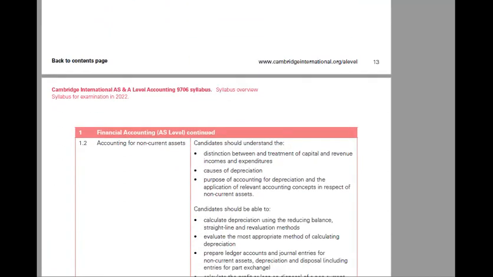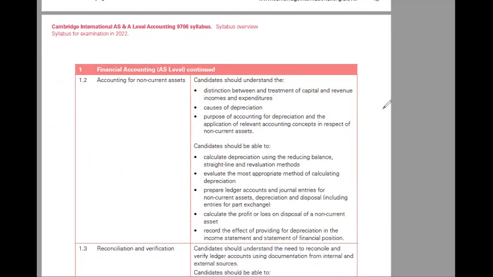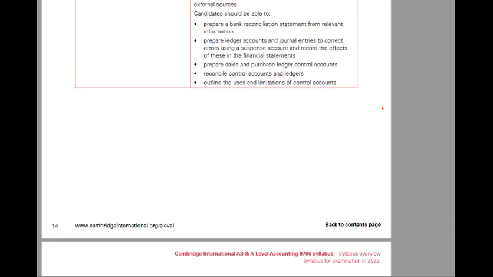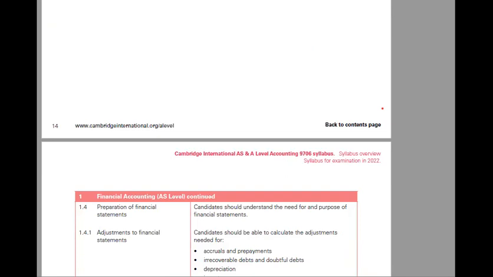Then accounting for non-current assets, we will look at how capital and revenue expenditures and incomes are different, causes of depreciation, method of depreciation, journal entries of depreciation, provisions for depreciation, right? Reconciliation, and here we will do the bank reconciliation, means the balance of the cash book will be reconciled with the balance of the bank, and if there is any difference, how we will rectify that. So in these we will see all these.